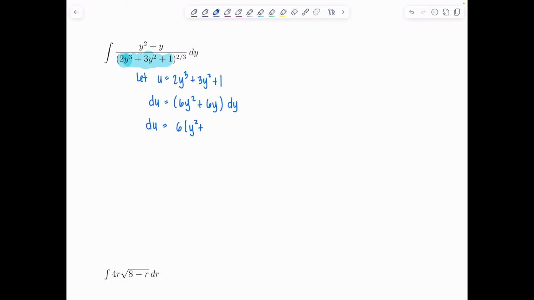So 6 times y squared plus y dy. Yes, now I've got my kidney bean if I divide by that 6. So 1/6 du is y squared plus y dy. So this whole kidney bean is going to get replaced with 1/6 du. Here we go. So now we have the integral.